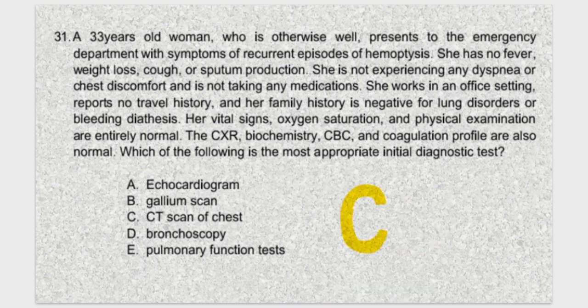The answer is C. This is because a CT scan can tell what is the cause of hemoptysis. According to the question, the patient works in an office and has no travel history, which would be a risk of acquiring TB, but the chest X-ray is entirely normal.